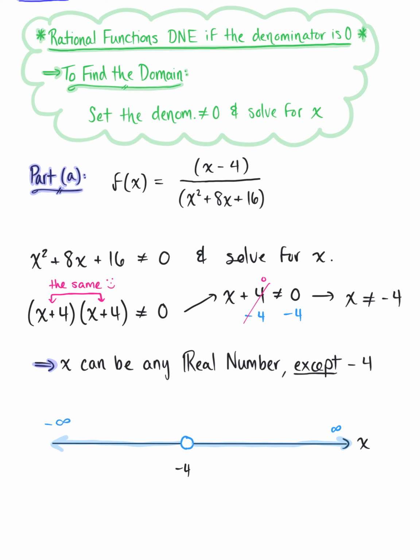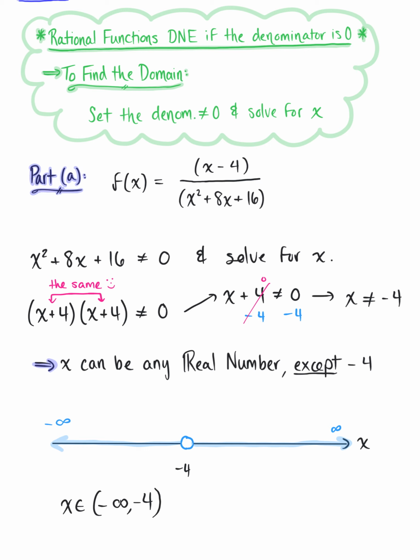So we can use our number line here to write the interval notation for our domain. We can say that x is an element of the interval from negative infinity up into negative 4. And now we know x cannot equal negative 4, so we use a round or open parentheses at this value.